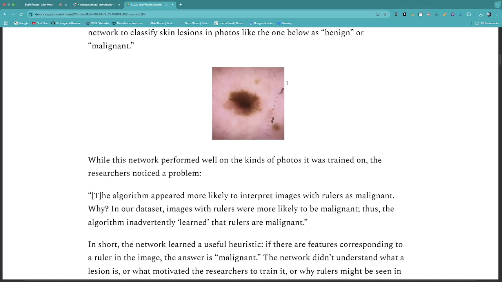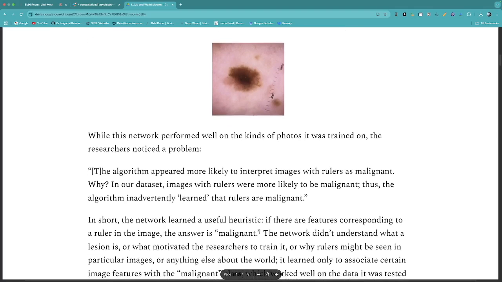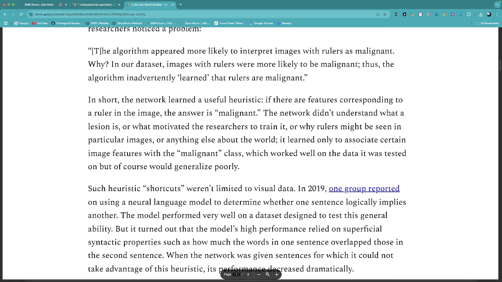It's classifying everything with a ruler as malignant. Now, of course, the problem there is that it's not always going to be malignant. So, again, we're getting false positives where we shouldn't be, because the model is taking some shortcut. And that introduces a problem.